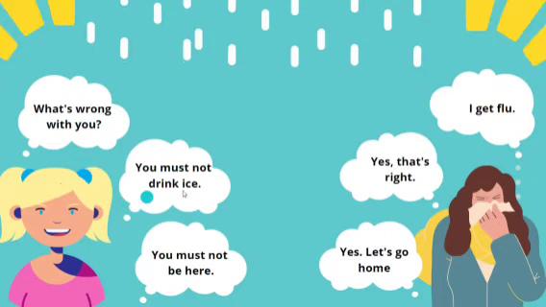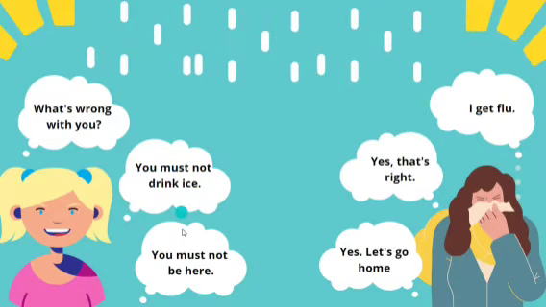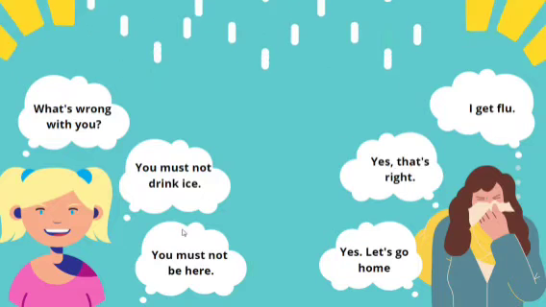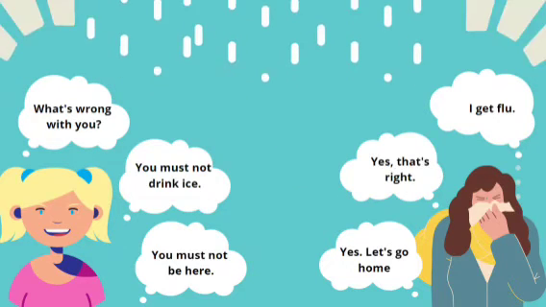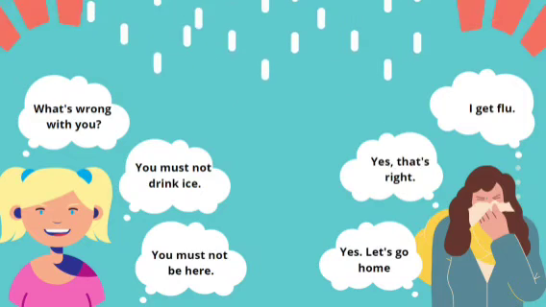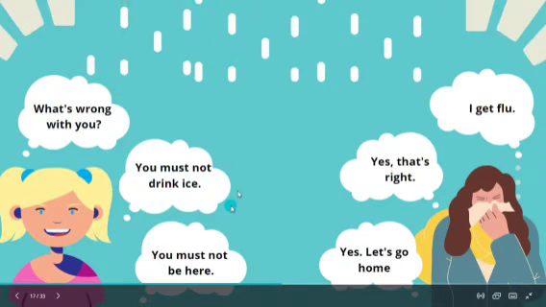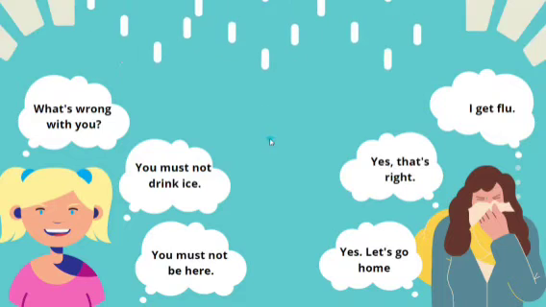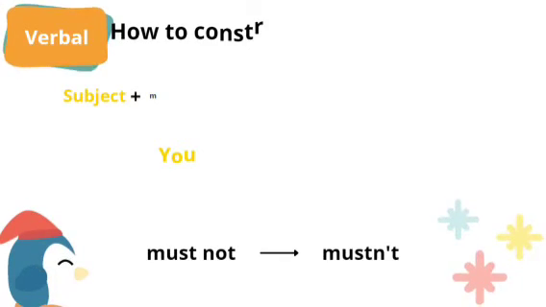So now how to construct prohibition sentence? For verbal sentence, bedanya kalau obligation itu menggunakan must. Kalau prohibition, kalian harus gunakan kata must not yang artinya tidak boleh. Ya. Jadi kalau kalimat you must not drink ice, you sebagai subjek and then use must not because this is prohibition. Kemudian ada drink.